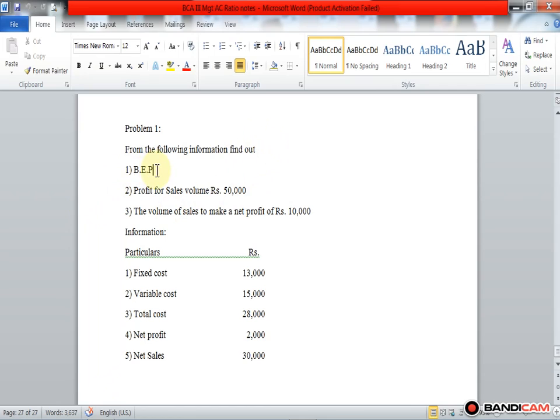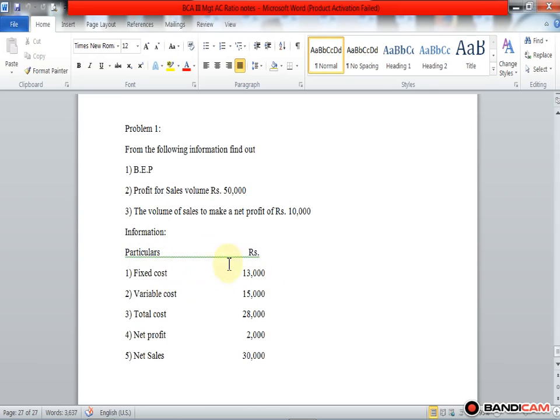BEP means break even point. Second, profit for sales volume of rupees 50,000, and third, the volume of sales to make a net profit of rupees 10,000. And the information, particulars, in rupees.